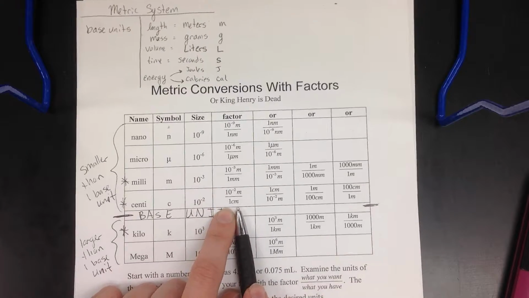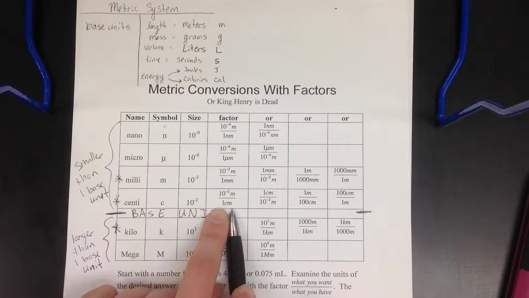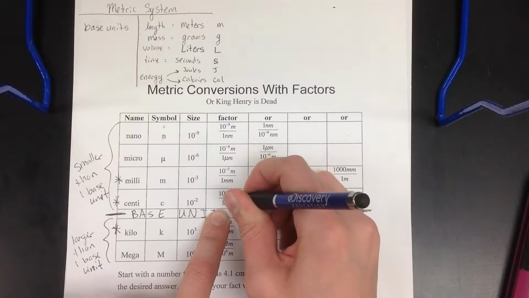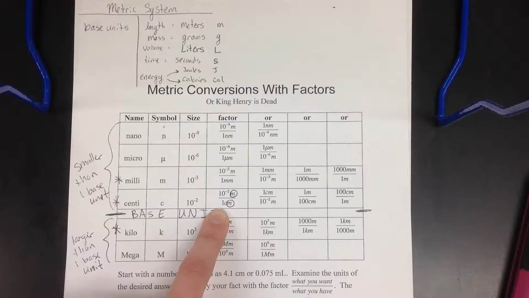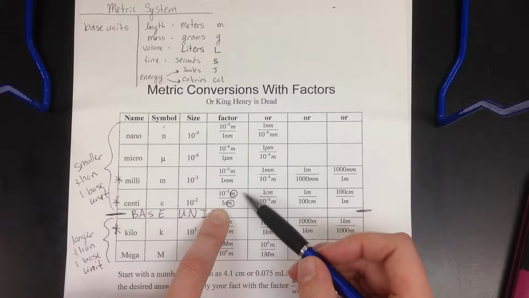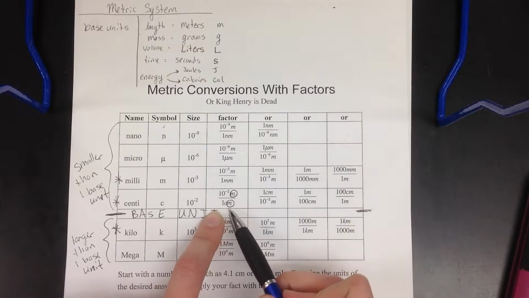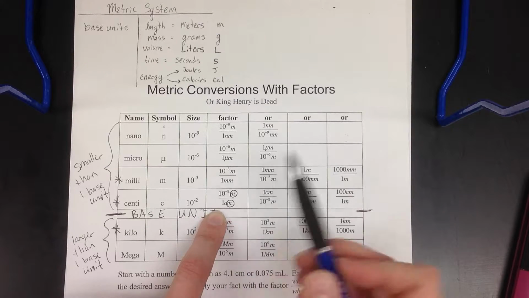With our centimeters, or our centiliters, or our centigrams, that last letter is referring to whatever base unit you have. So in this case, this is referring to the meters base unit, and then we've got our cm, that's saying our centimeters.